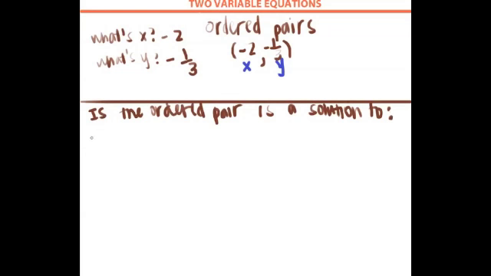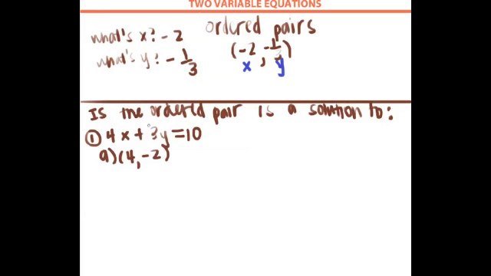Let's say that I gave you 4x plus 3y equals 10, and the first ordered pair that I gave you was (4, -2). I'm giving you an equation and an ordered pair, and I want to know if the ordered pair is a solution to the equation.